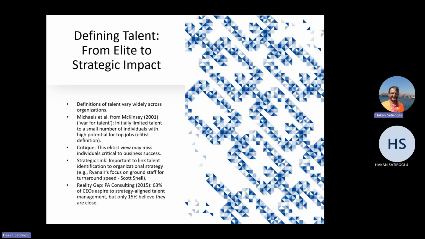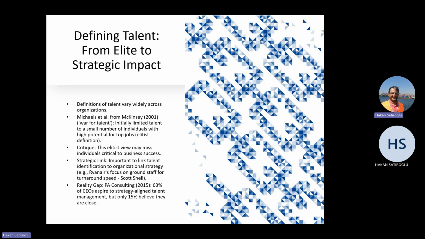So initially, limited talent to a small number of individuals with high potential for top jobs. This is an elitist definition, and it is against our understanding of talent in general, because we expect every individual has some unique talents, and we can bring them out or hone those talents.